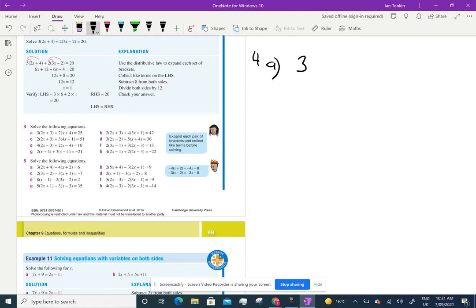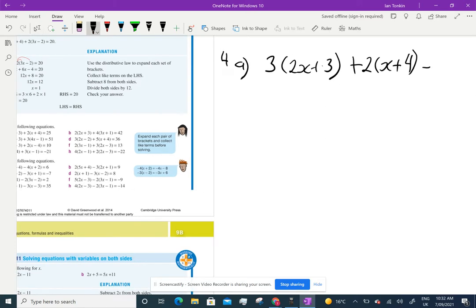So I get 3 outside of 2x plus 3, plus 2 outside of x plus 4, and that equals 25. Now, I can't just divide because I've got 2 terms here and I won't get rid of the 2 and the 3 if I just divide.